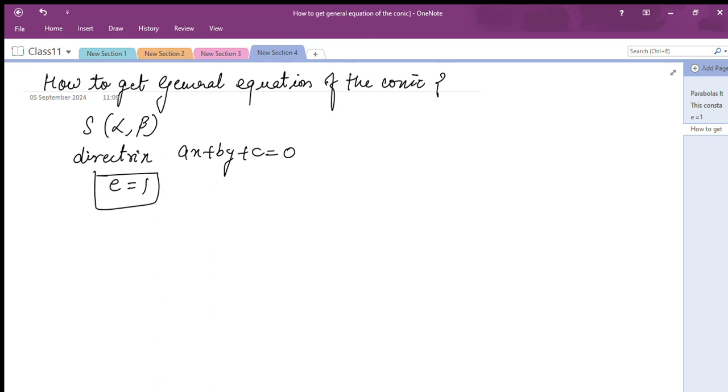If these three things are given, we can derive the equation of the conic, or parabola. And we all know the condition is that PS upon PM equals the eccentricity.